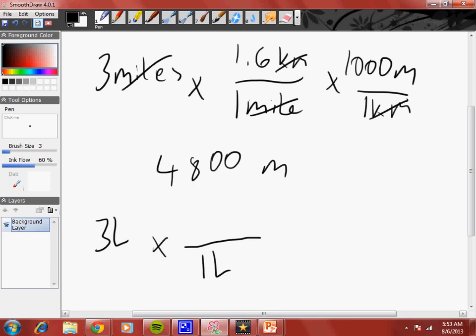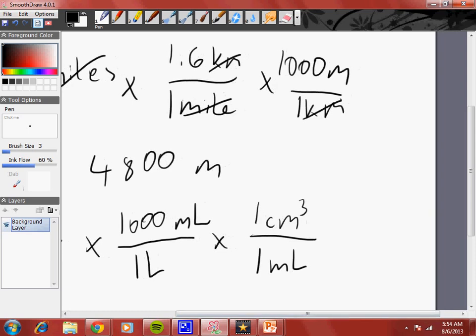Alrighty. So you know for sure that 1 liter is 1,000 milliliters, and you know that 1 milliliter is equivalent to 1 centimeter cubed.